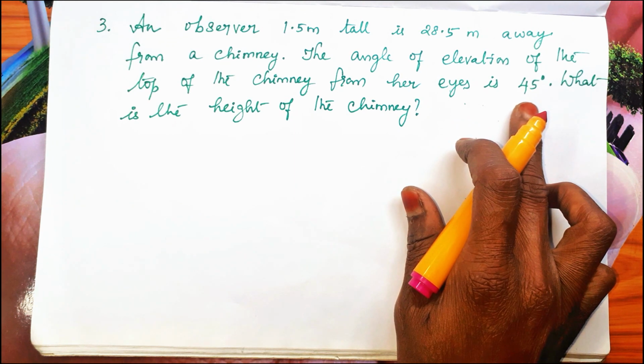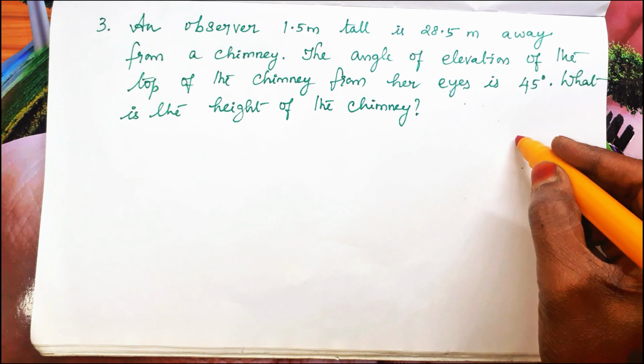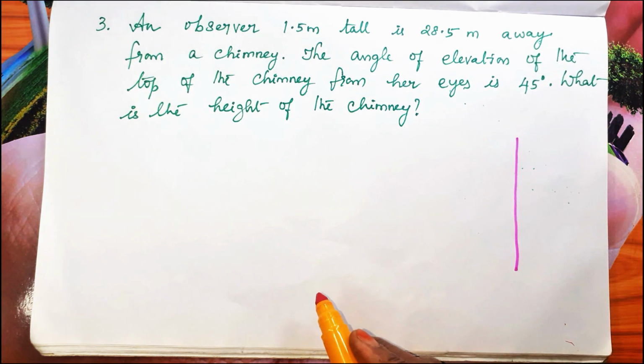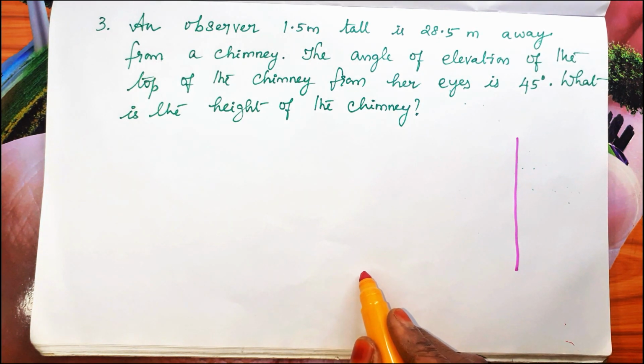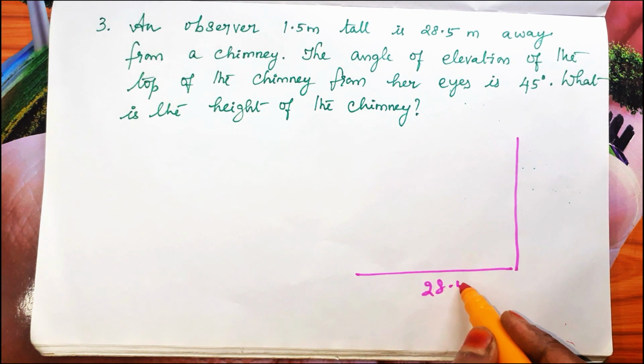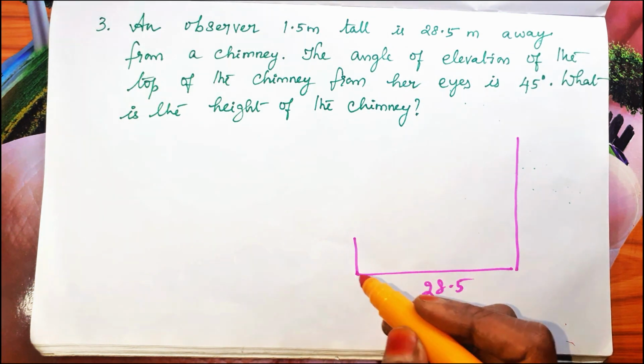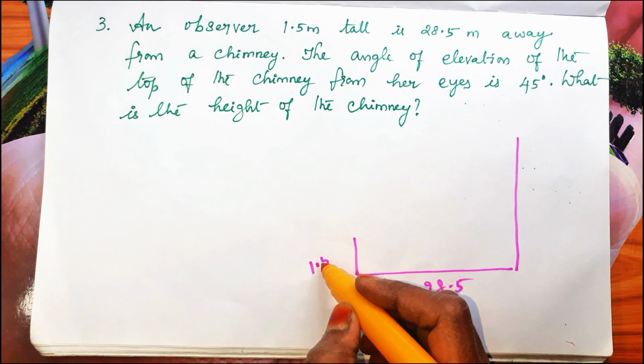Here the diagram is not given, so we have to draw the diagram. If I take this as the chimney, an observer is standing at a distance 28.5 meter away from the chimney, and that observer is also having a height 1.5.